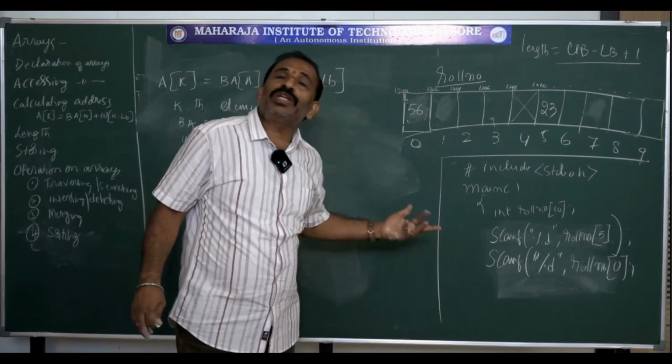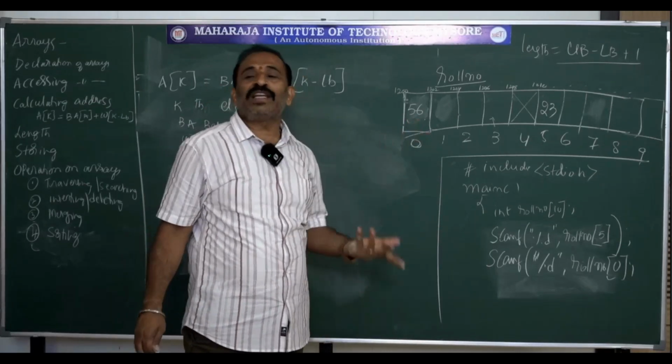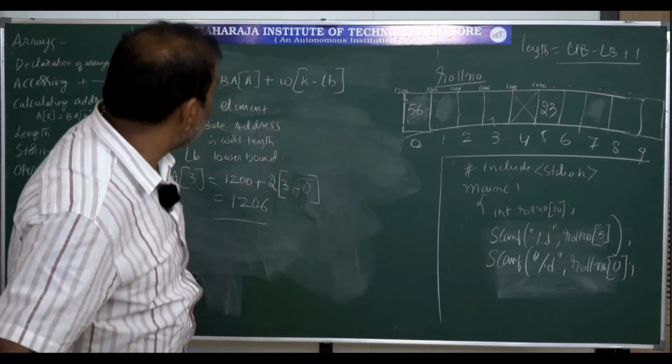You can use a for loop also. To read all these 10 numbers, I can use a for loop. Right? Let me just change the program.